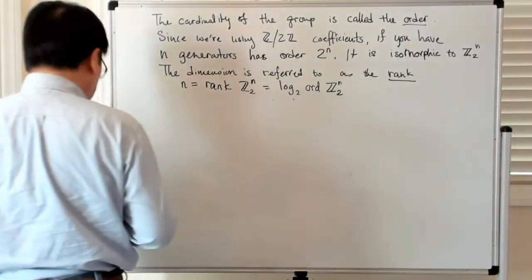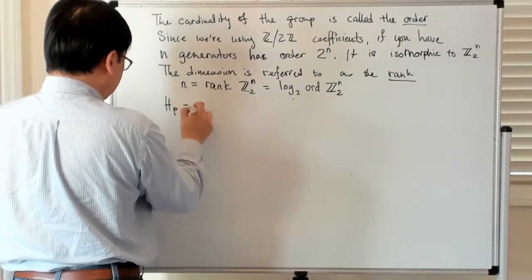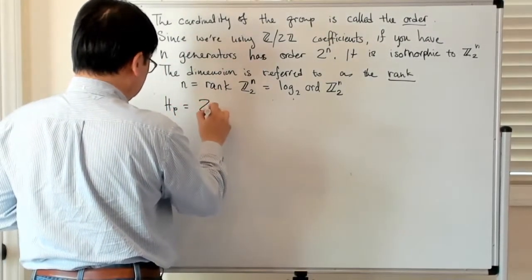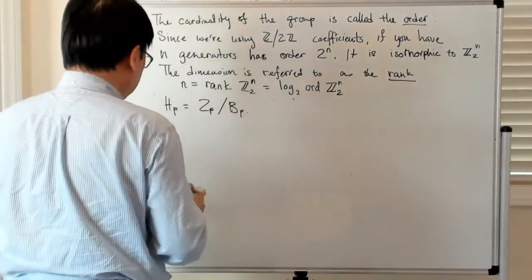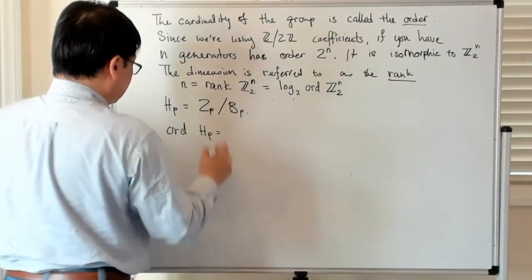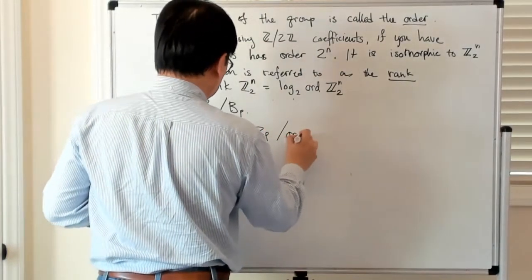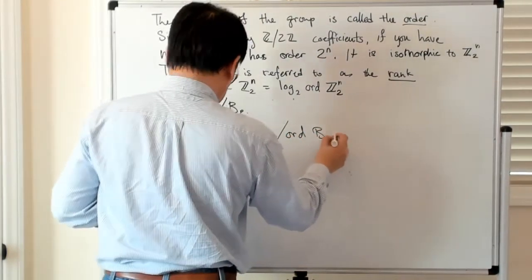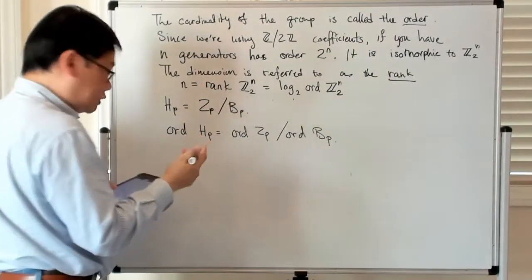Okay, so some observations. We know that HP is equal to ZP mod BP. So the order of HP is equal to the order of ZP divided by the order of BP. Alternatively, we can think of it in terms of the rank.